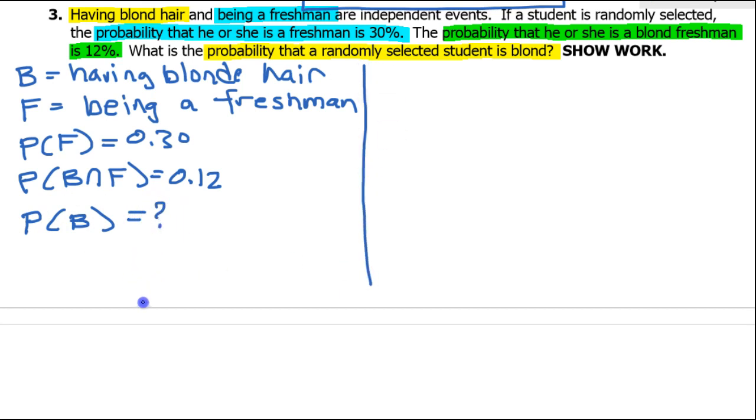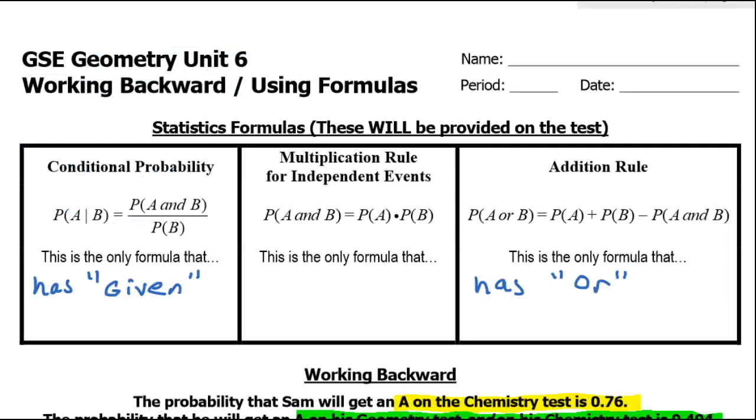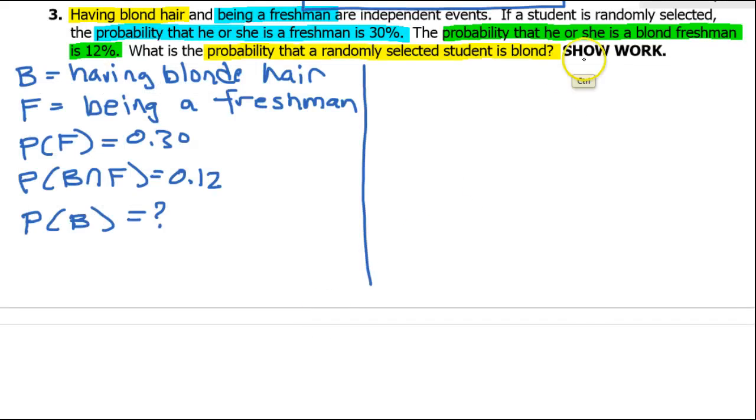Okay, so next we need to decide which formula we're going to use, which of these three formulas. The problem did not say anything about given, and none of the expressions were "or" expressions. We have the individual expressions shown in blue and yellow.